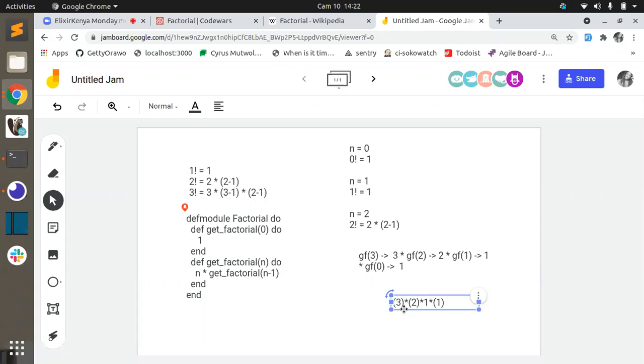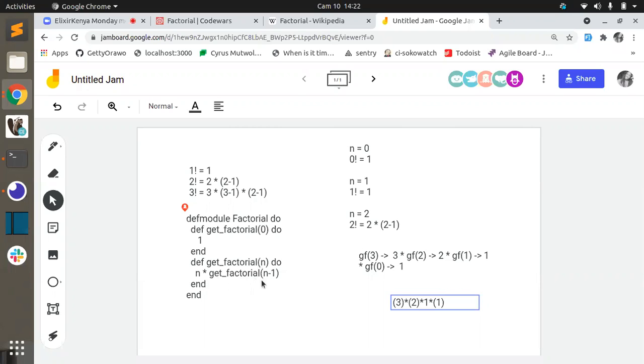So it will have to evaluate the recursive function and then return the last thing, which is n times whatever the recursive function has returned. But remember, our last n will not be 0, it will be 1. Yes, and then it calls get factorial with the 0.